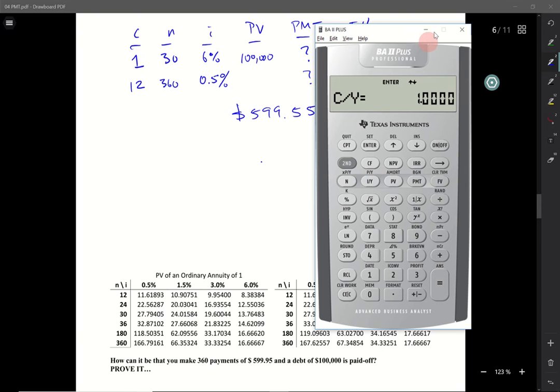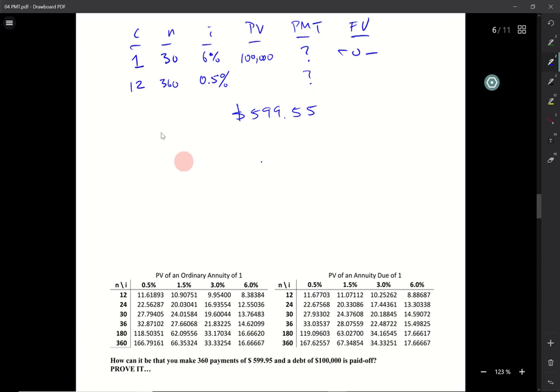Where did I get 12 and 0.5 from? Good question. Very important question. So this box is always the product of N times C. So this is N and this is C. N is 30 years and C is 12 months per year, so that's 360. 3 times 12 is 36, times 10.